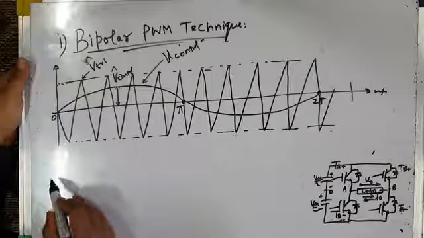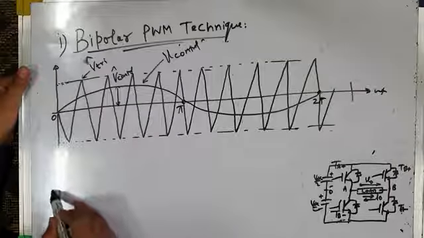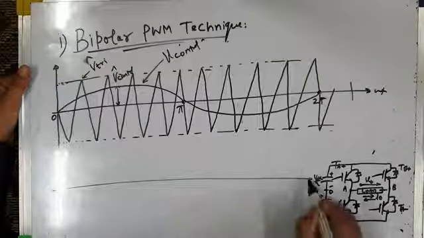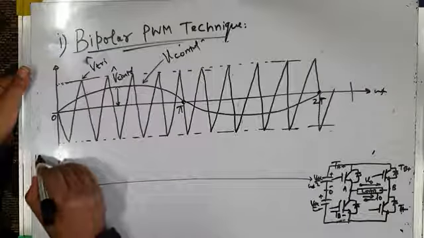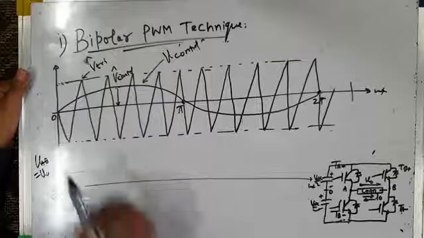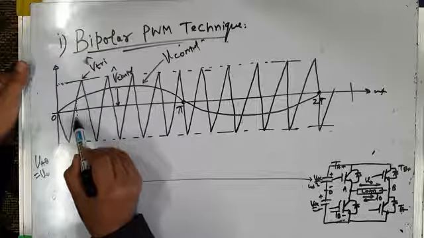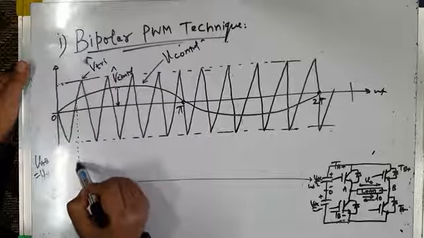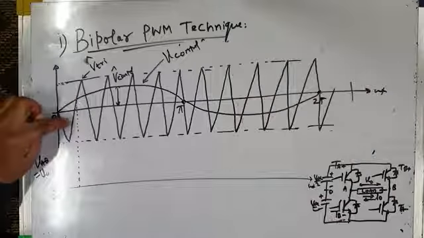So now let us try to draw the inverter output voltage. Omega T. So we will draw the inverter output voltage VAB, which is equal to V0. From this instant to this instant, you can see the reference sine wave is higher in amplitude than the triangular carrier wave.